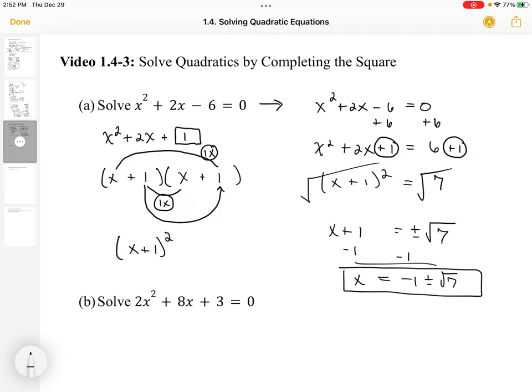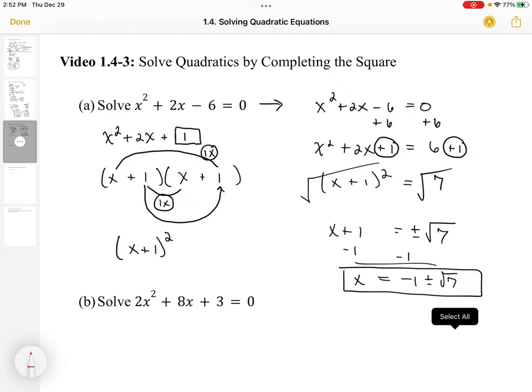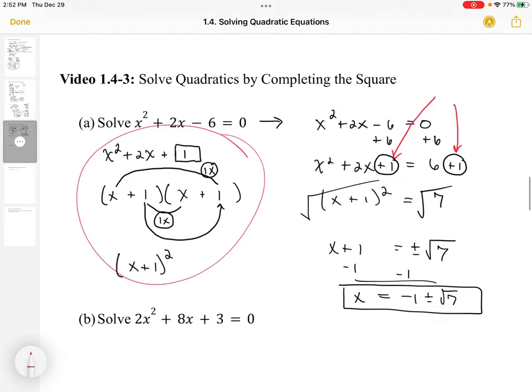Now the question is, how can I go through this and complete the square easier than going through the process I did on the left? In order to get that plus 1 that I ended up adding to both sides, what we can do is take that middle term, divide it by 2, and then square that.